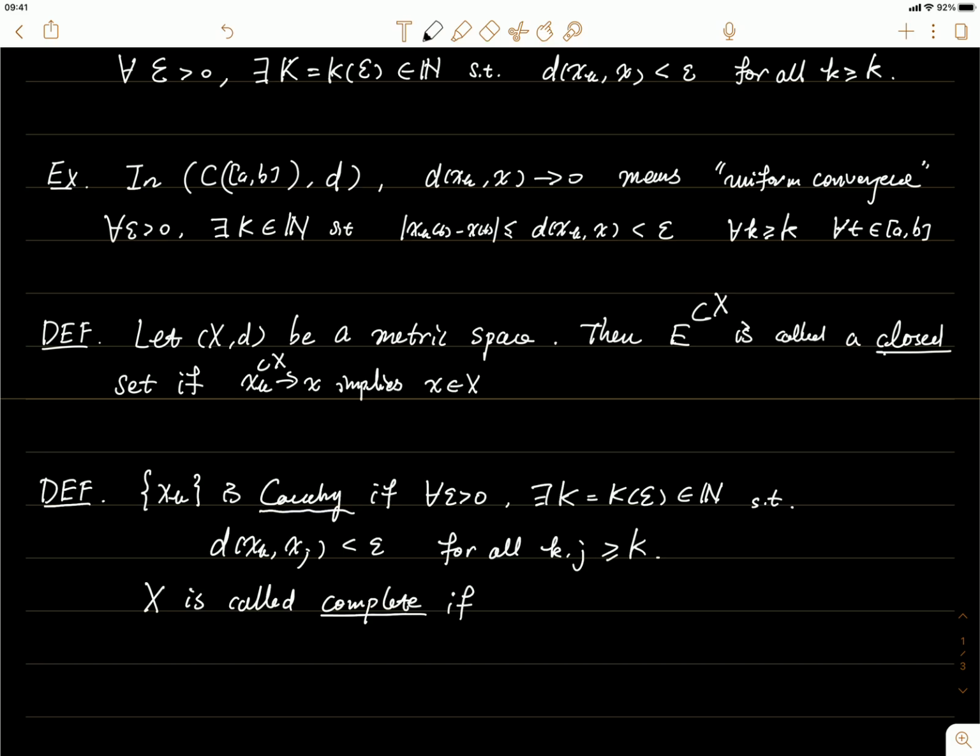We say the metric space is complete if every Cauchy sequence is convergent.